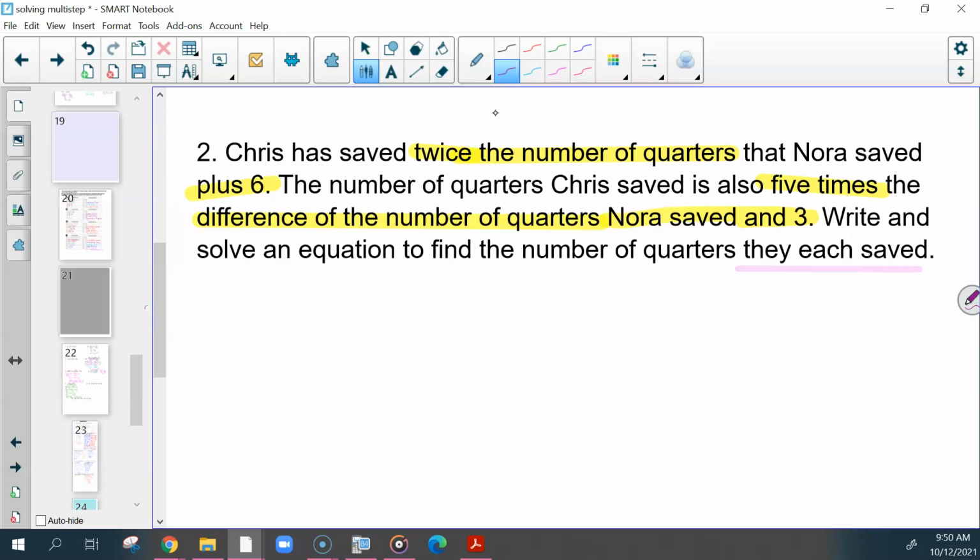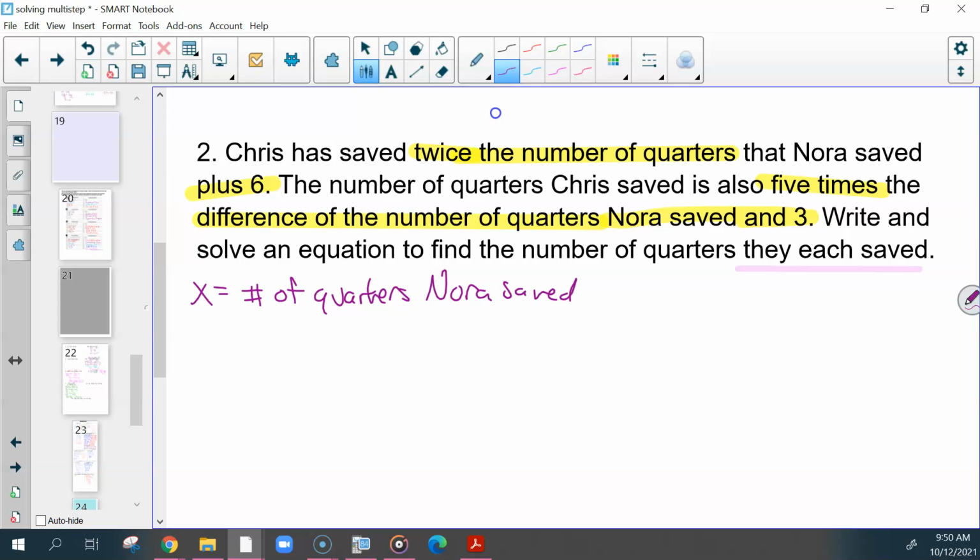So for our variable, I'm just going to use x for the number of quarters Nora saved. Because both of these equations are for Chris, we'll come back to that part about a variable. So x is going to be the number of quarters Nora saved. We know that Chris has twice the number of quarters saved plus 6.